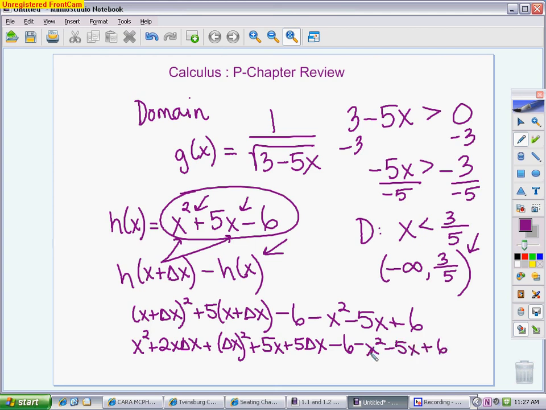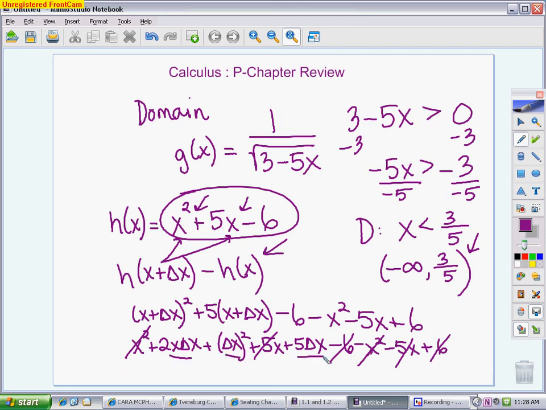I have a lot of terms. I can combine the x squared and the negative x squared, and that will actually cancel. I can do the same thing with the 5x and the negative 5x. That will cancel. And I have a negative 6 and a positive 6. That will cancel. The only thing that's left, I have these 3 terms, and they will not combine.